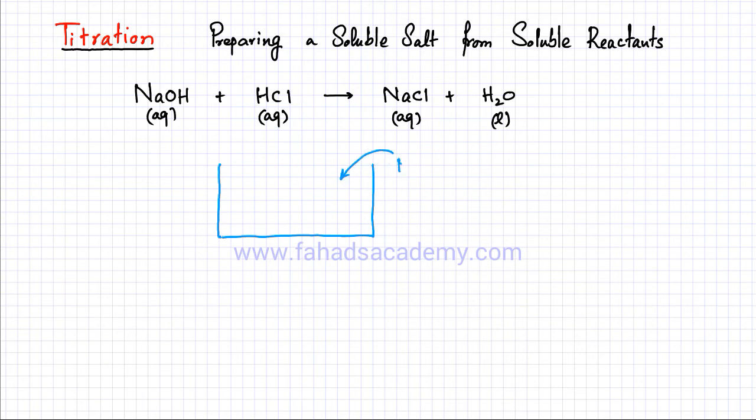And NaOH is an aqueous solution. And I'm going to pour some HCl into this container. So HCl is also an aqueous solution. So I'm going to pour those two things in, and the substance that's going to be formed is going to be NaCl plus H2O.